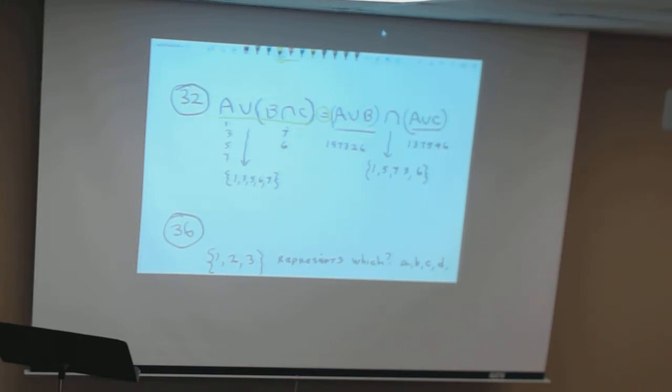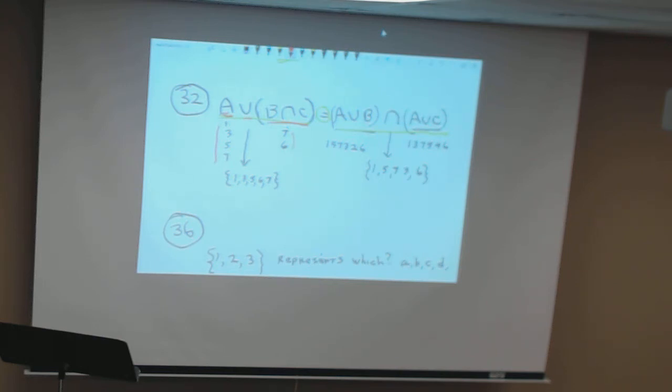Demonstrate that this equals all of this. Whoa. What's A? What's A? 1, 3, 5, 7. What's B intersect C? B intersect C, 7 and 6.